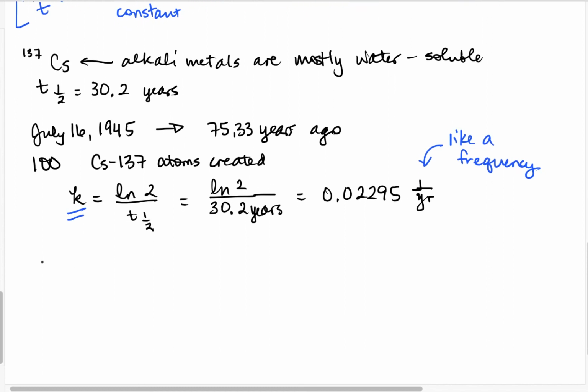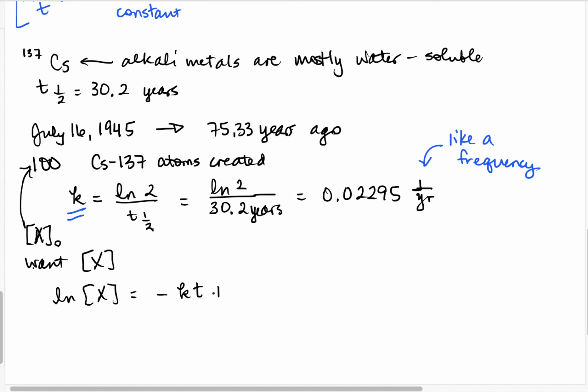All right, so we asked how much stuff we have now. So this 100 is going to be our initial concentration, so that was x sub 0. And we want to know the current concentration. So our equation gives us the natural log of this concentration as minus kt plus natural log of x sub 0.